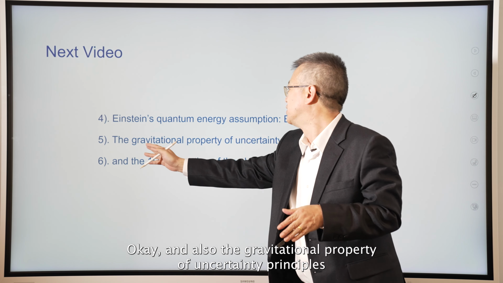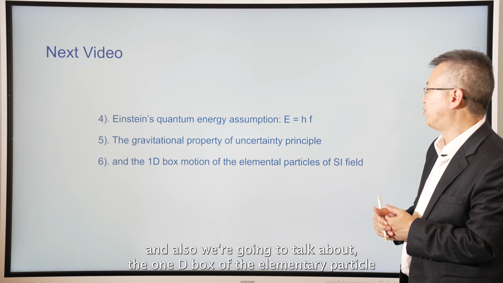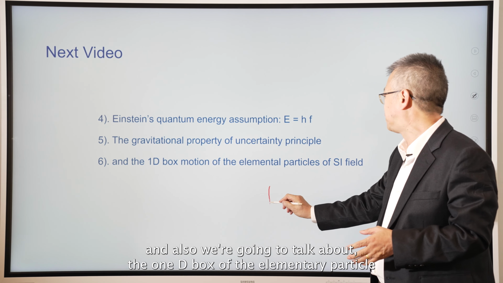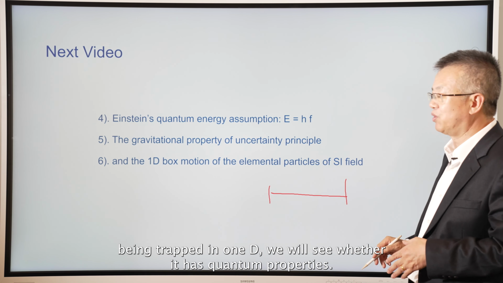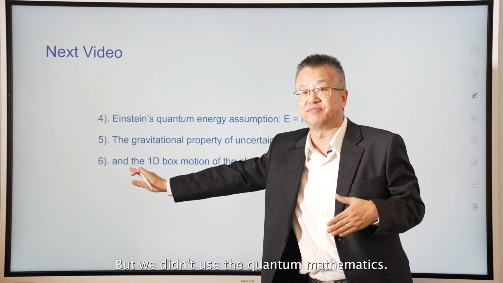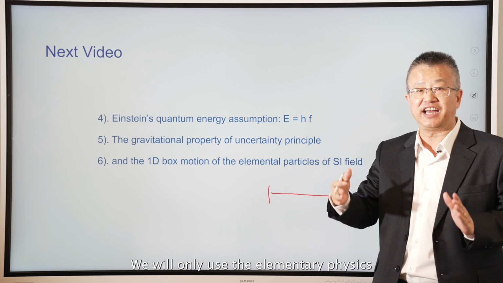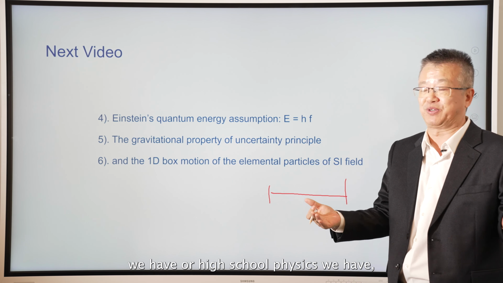and also the gravitational property of uncertainty principles. And also we're going to talk about the 1D box, the elementary particle being trapped in 1D. We will see whether it has quantum properties. But we won't use the quantum mathematics. We will only use the elementary physics, or high school physics, we have.